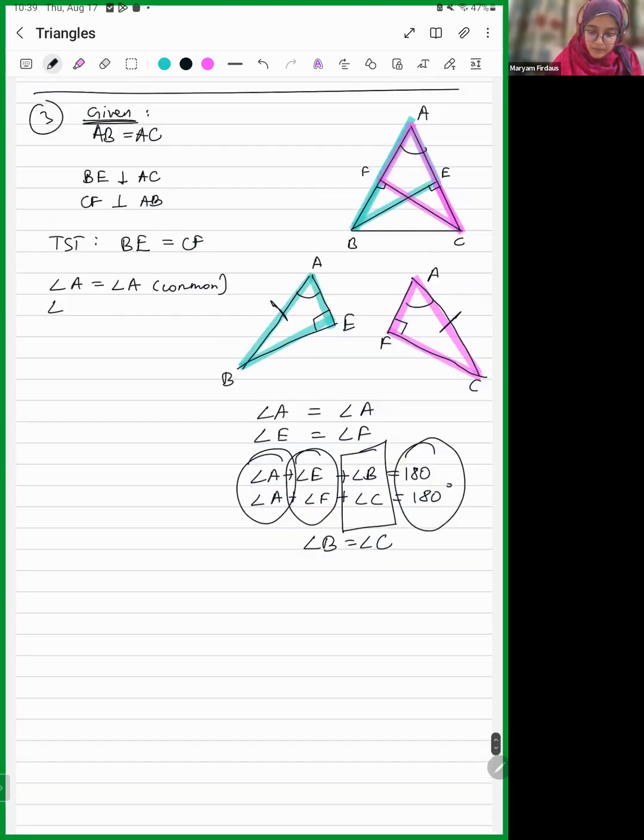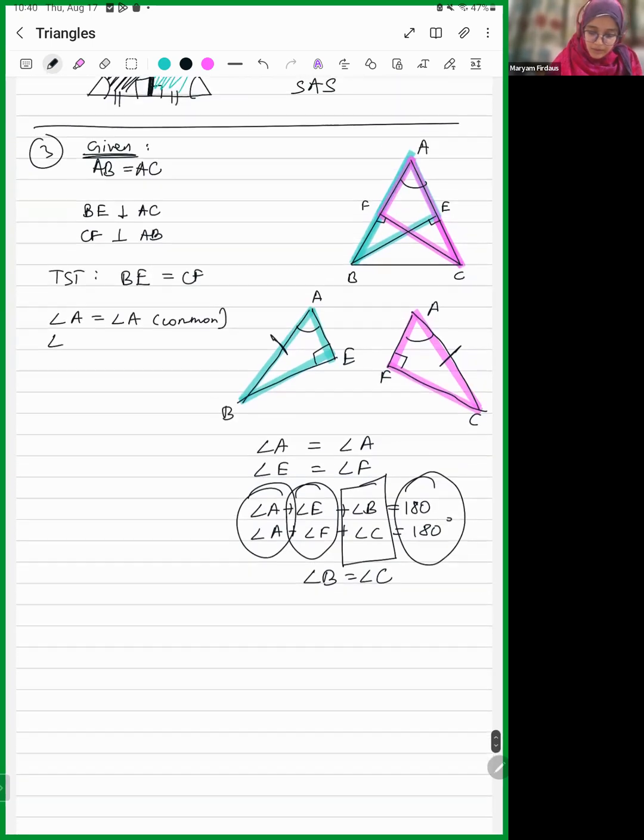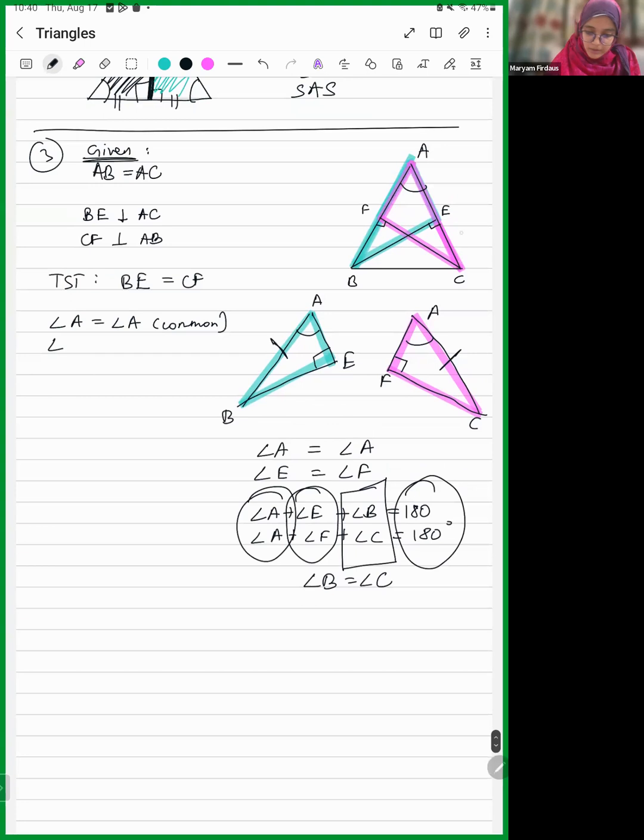Angle E equals angle F. Angle AEB is equal to angle AFC, 90. Then AB equals AC, given.